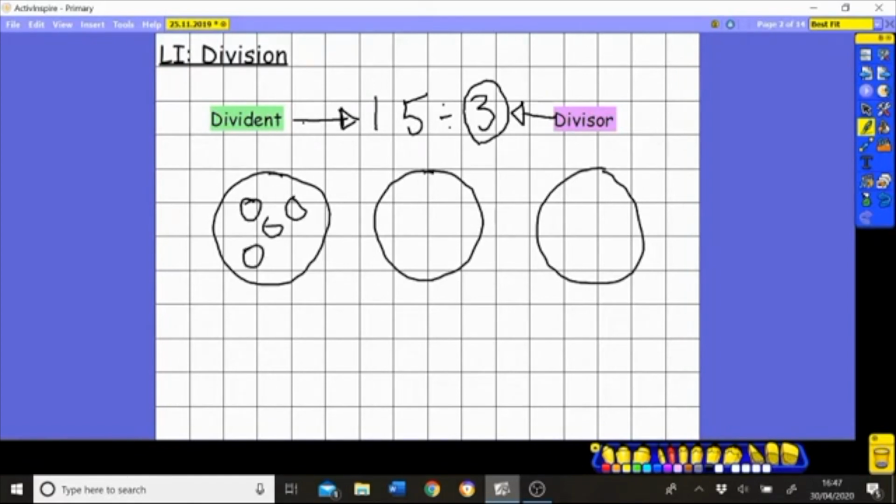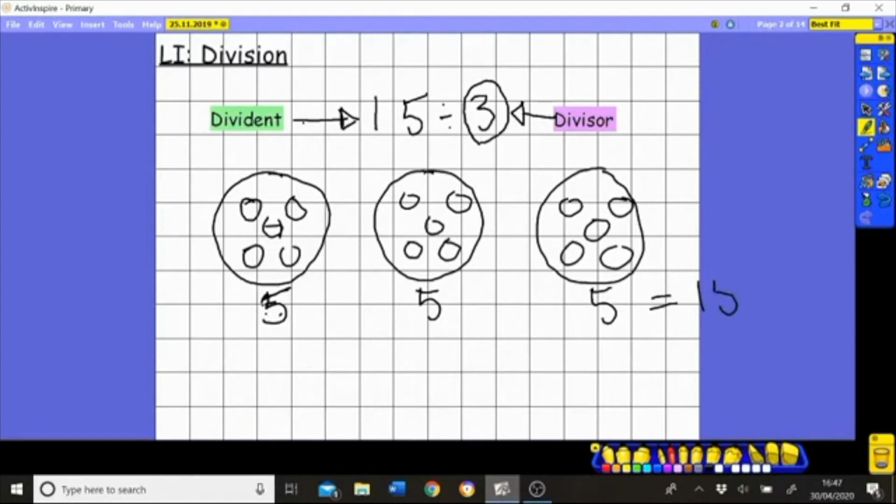Now I know that because I know my 3 and my 5 times table, so I'm able to do that quickly. That's why multiplication is really important for this point. But we can see we've got 5 in each. We've got 5, 10, 15.